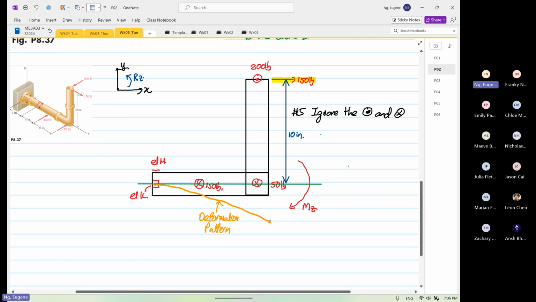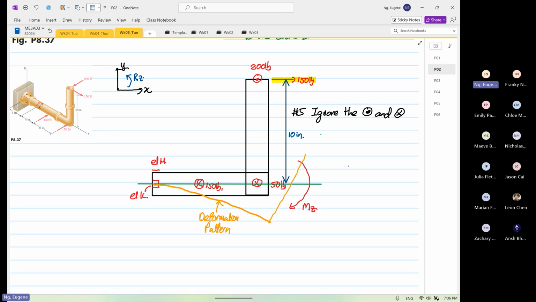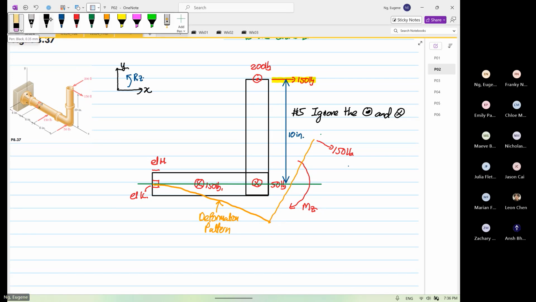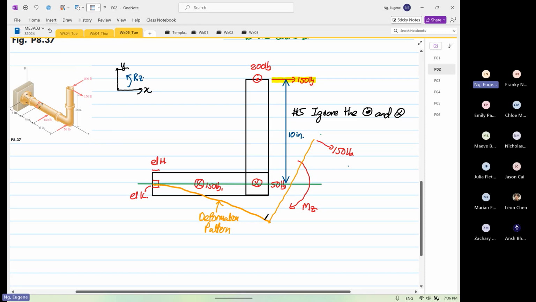And if I were to complete the deformation pattern, right, this line will still be straight. And if we were to draw with respect to time, the 150 will be coming down this way. Okay. So this is 90 degrees. This did not change, right? You can see this axis over here. This is 90 degrees, and this is 90 degrees. Okay. It's still 90 degrees.